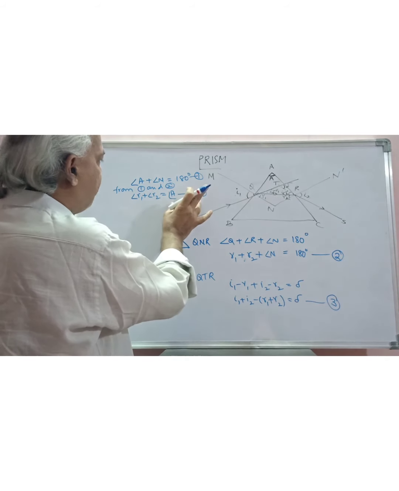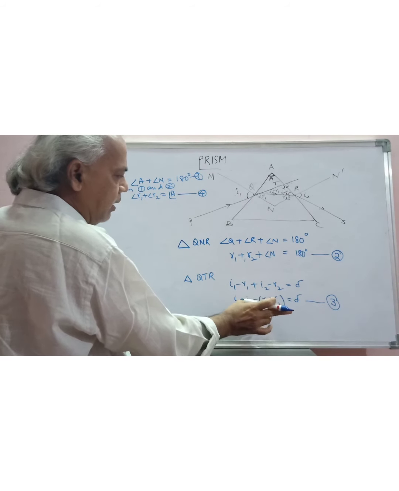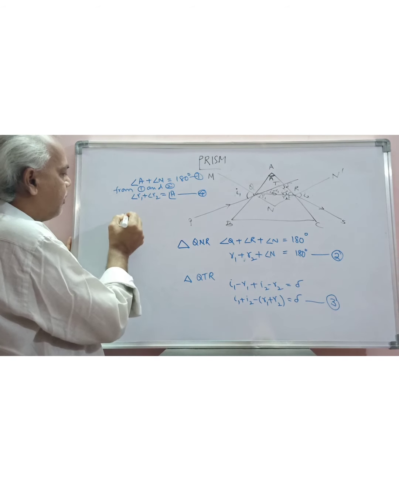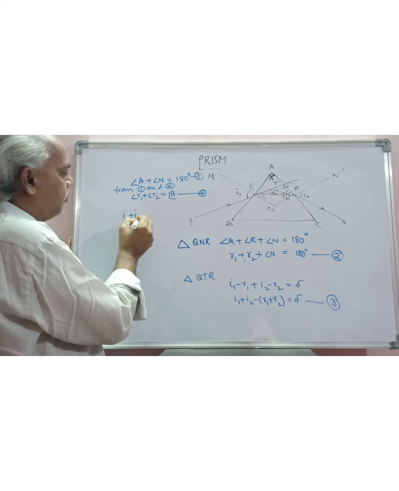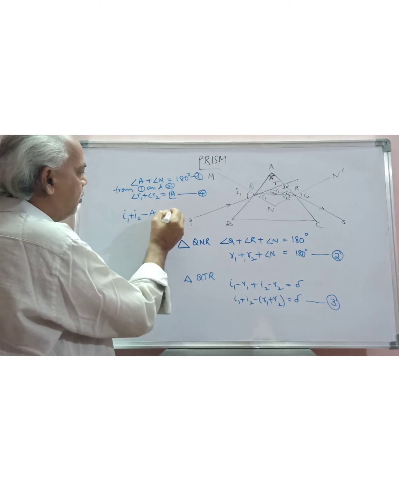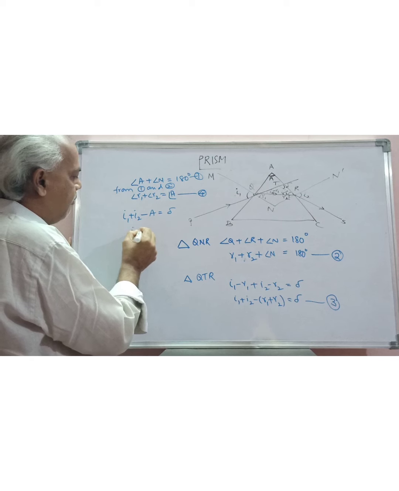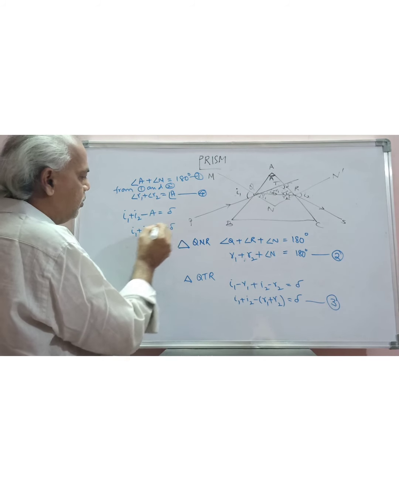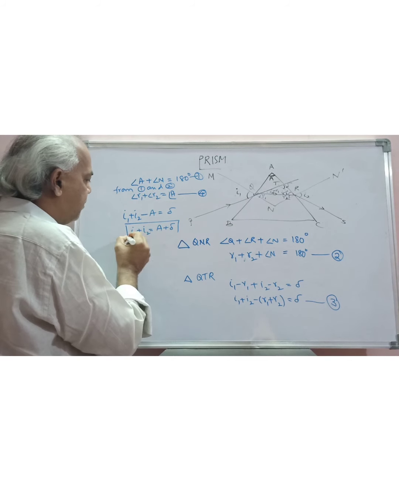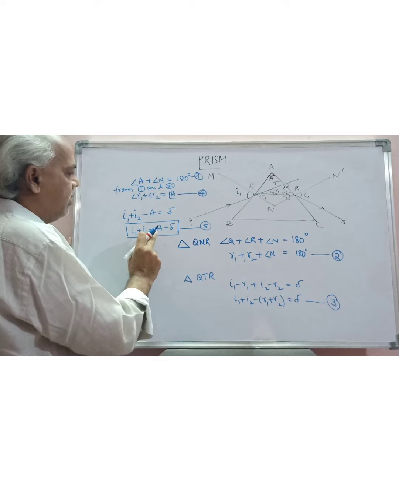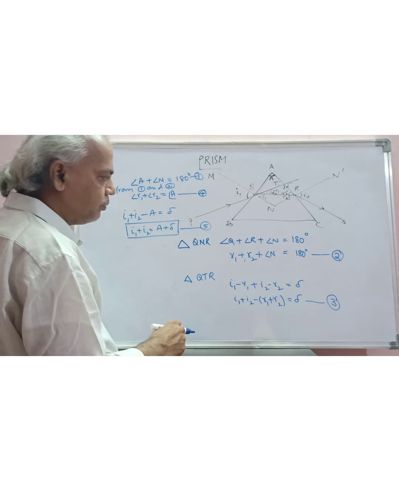This equation number 4 value we substitute in equation number 3. We can obtain I1 plus I2 minus A is equal to δ. I1 plus I2 is equal to A plus δ. It is a very important point. I1 plus I2 is equal to A plus δ.